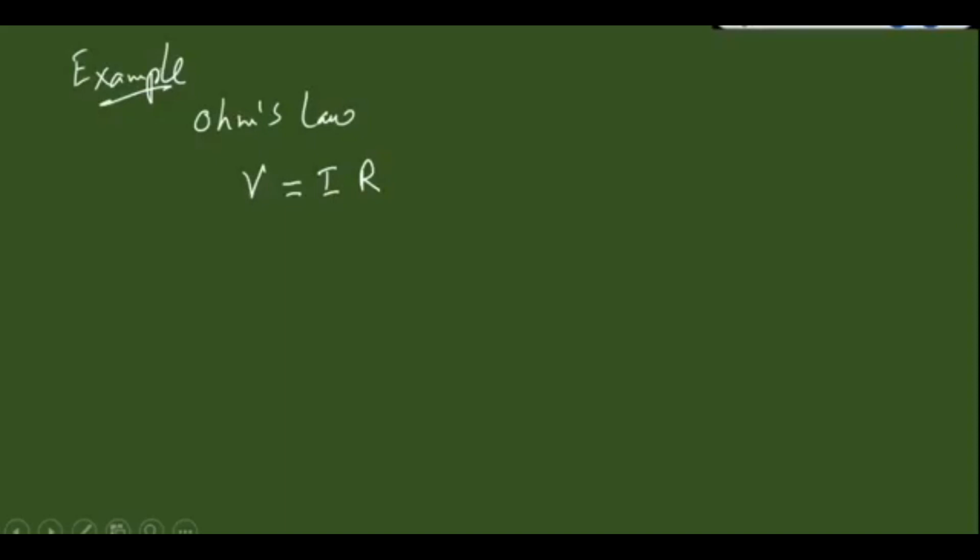Let's say the instrument that we are using has some problem, and due to which, instead of getting I as the exact reading, I got I bar plus epsilon of I. Similarly, instead of getting the correct resistance reading R, I got R dash plus epsilon of R. So in our calculation, we are not going to use I and R. We will use I dash and R dash.